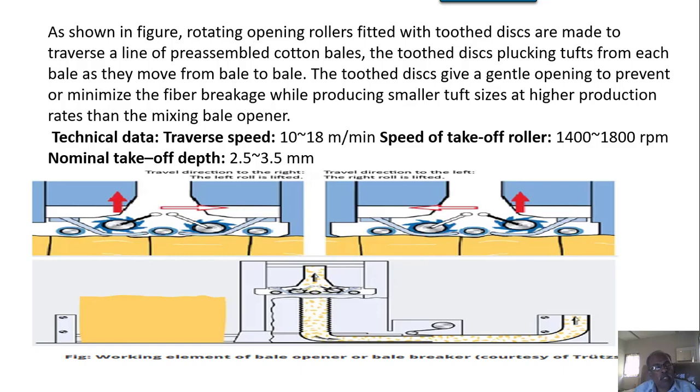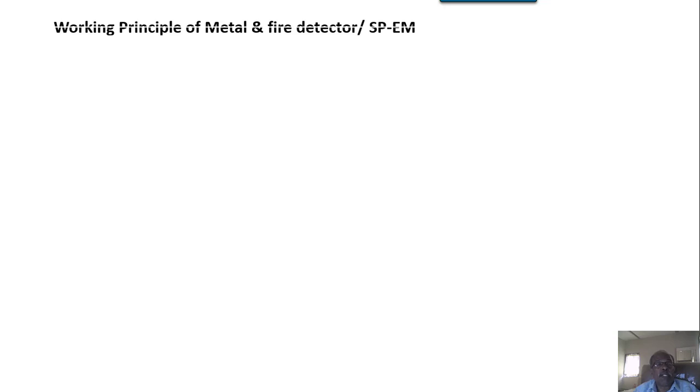They have used a two roller system here, and overall the traverse, the depth of penetration and the suction pressure will govern the various parameters in the Trützschler system or any other bale opener system. So this is how the bale opening is done, and this opened bale cotton will be transported in the ducts and taken to the next machine.